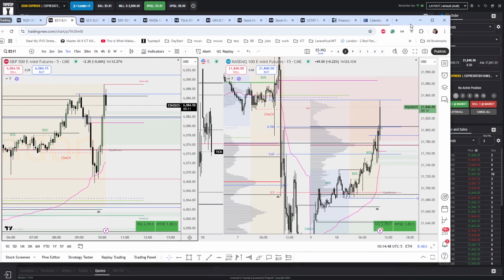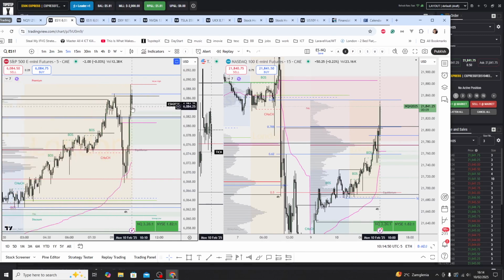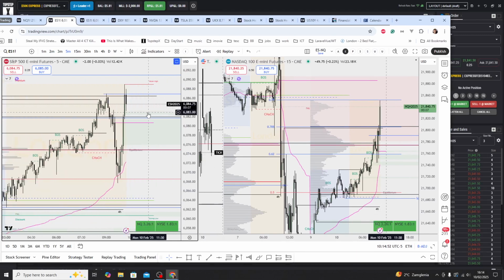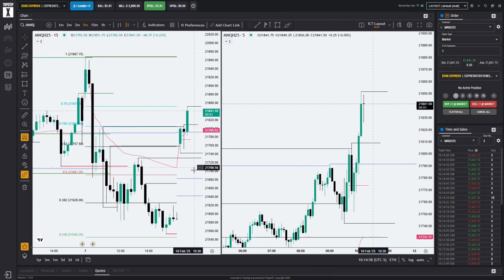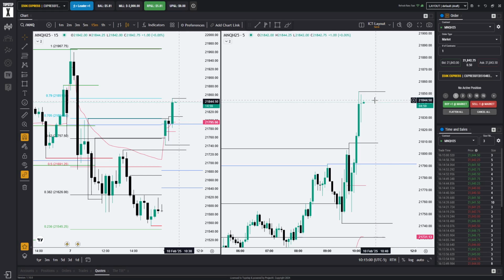ES is pulling, not doing much. Okay, let's see if we're gonna get a push for this. I don't really think that's a good place to go long, on second thought, to be honest.